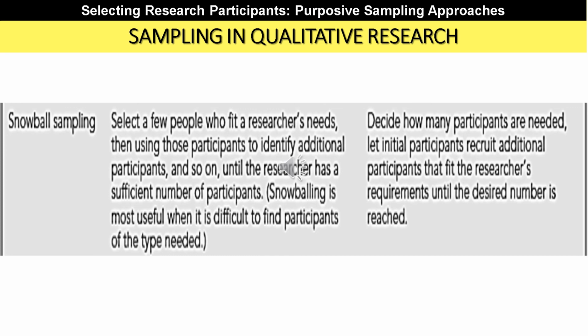'Di ba? Pwede rin siyang mag-recommend ng kagaya niya na possess yung other criterias to be a participant. Yun yung sinasabi natin, so snowball. So, ginagamit to kapag ang hirap maghanap ng participants na swak doon sa criteria mo.